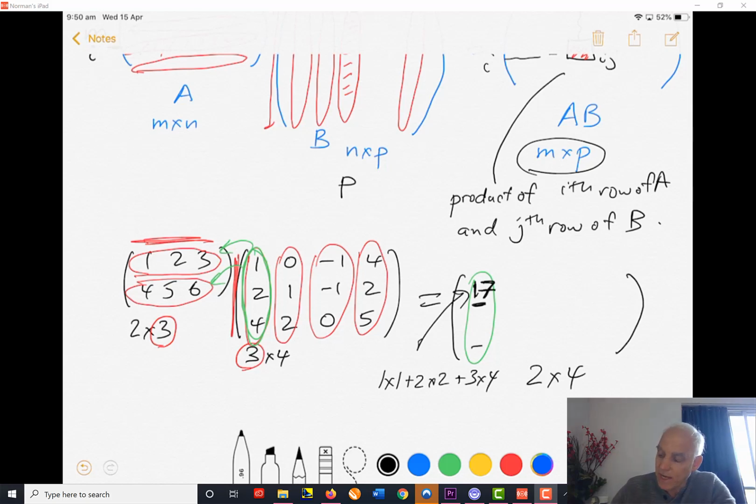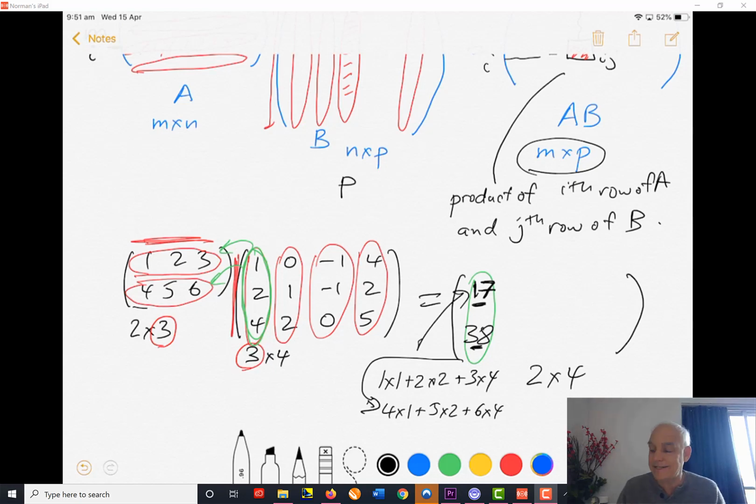The next entry, this one down here, is going to be the product of the vector 4, 5, 6 with 1, 2, 4. So it's 4 times 1 plus 5 times 2 plus 6 times 4, which is 4 plus 10, that's 14, plus 24. 14 plus 24 is 38. So I've done the first column of the product.